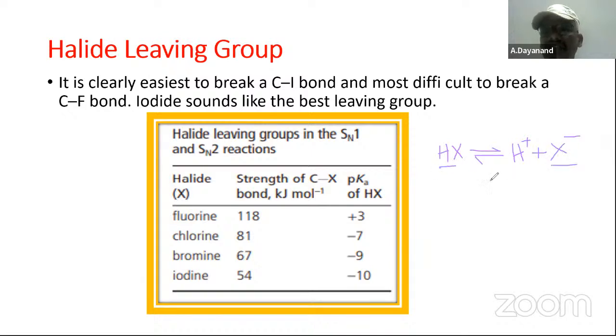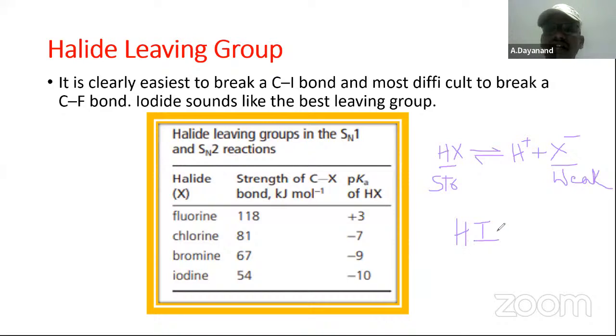If the acid is strong, then the conjugate base will be a weak nucleophile.